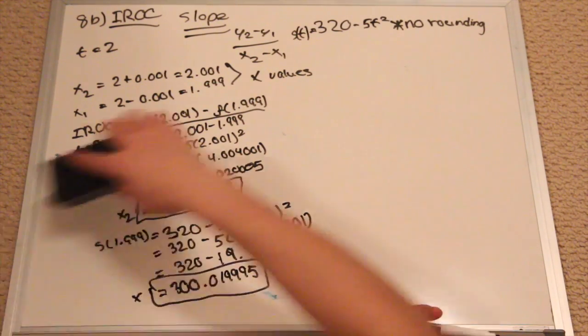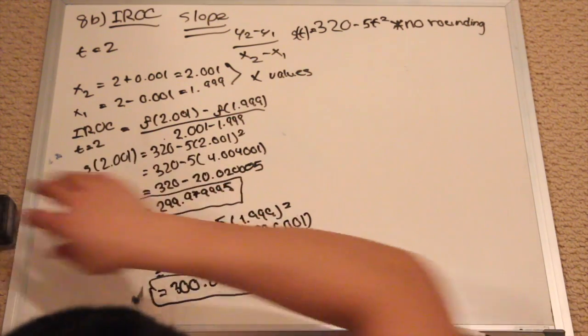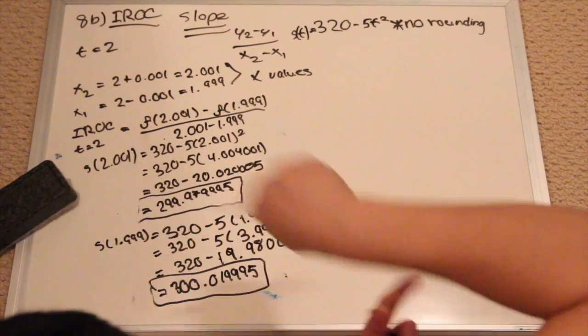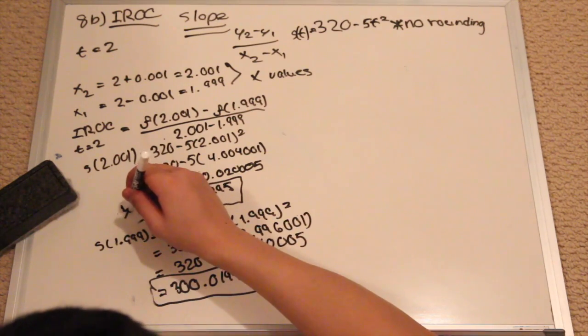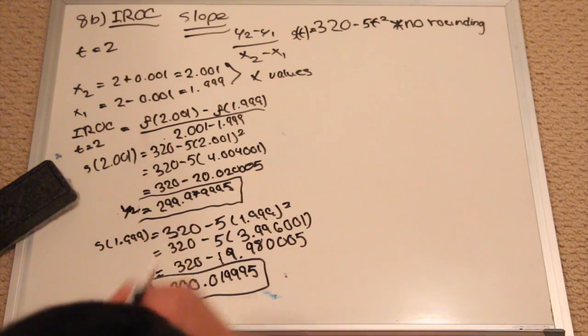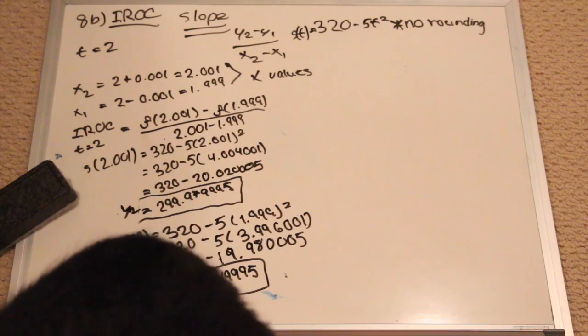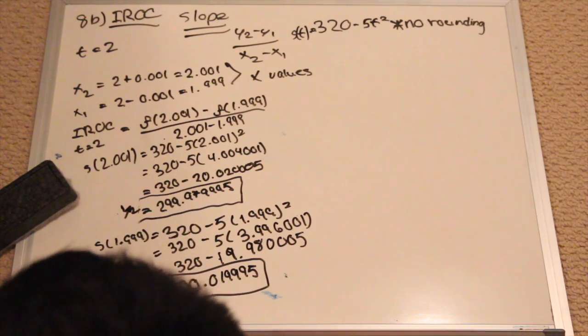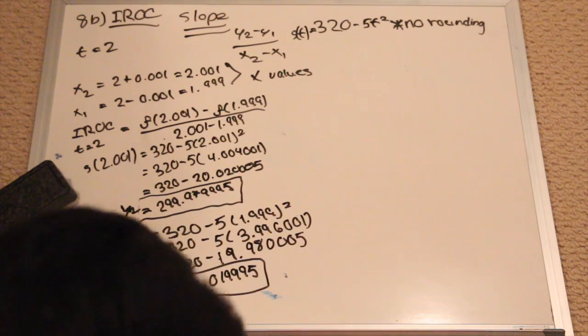Alright, so these are our y points. So this is our y2, so it's going to be first, and there's y1, so it's going to be second. So if you plug it back into the equation, it's going to look like this.